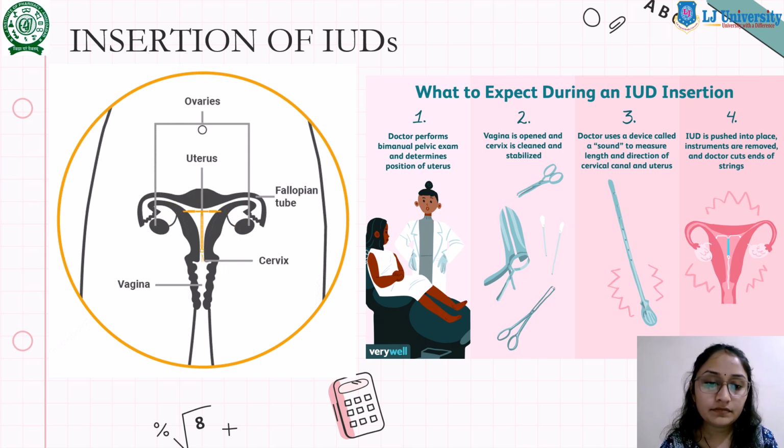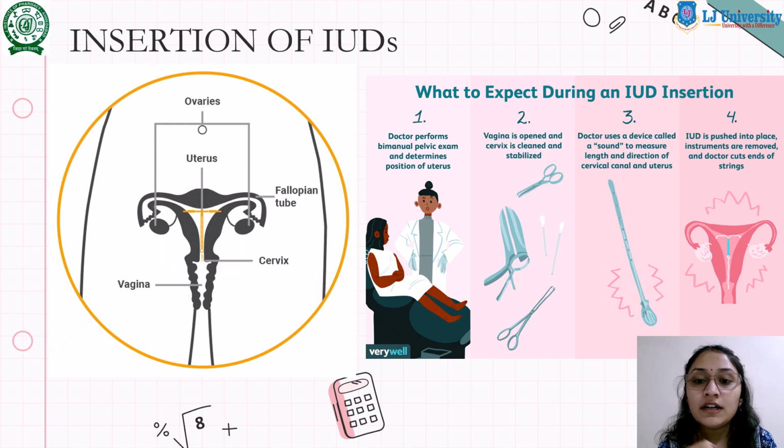Here you can see the strings. This whole portion is the IUD, a C-shaped IUD, and the strings are attached along with it. The extra amount of string is removed, but a small portion of string should be kept in the uterus.